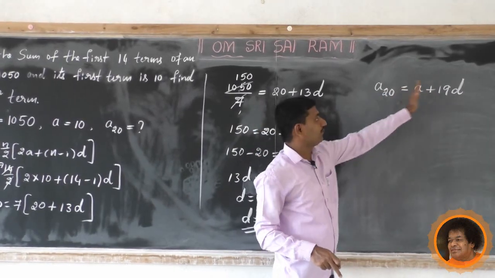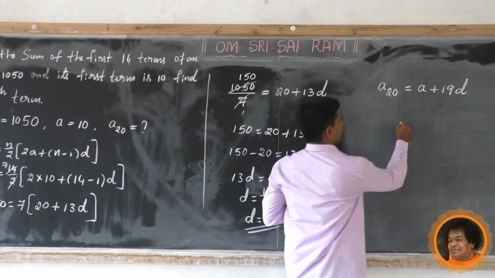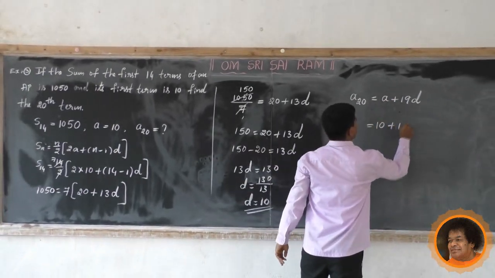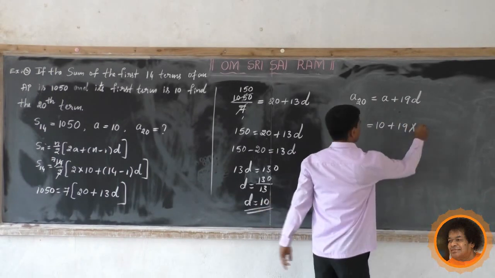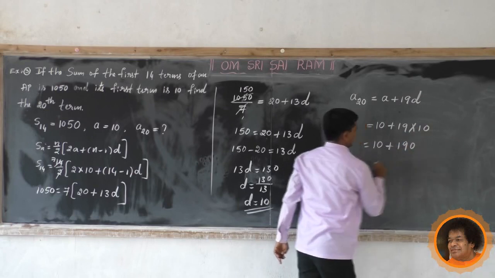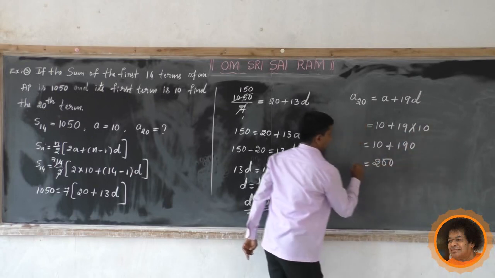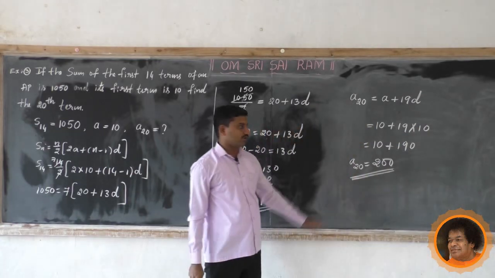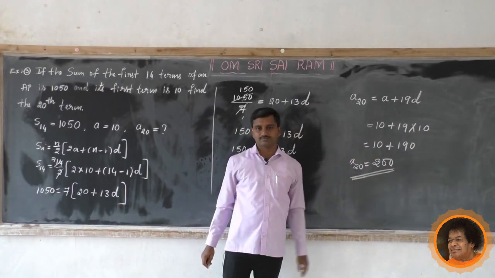So A20 equal to a plus 19d, equal to the first term 10 plus 19 into the d value 10, equal to 10 plus 190, equal to 200. This is the value of the 20th term. So the 20th term is 200.